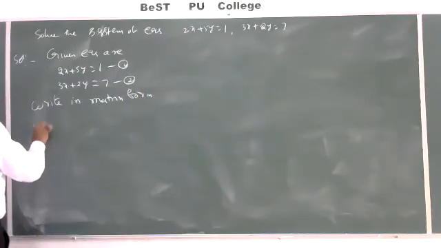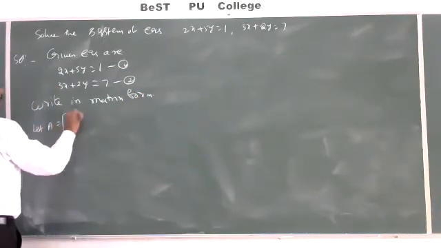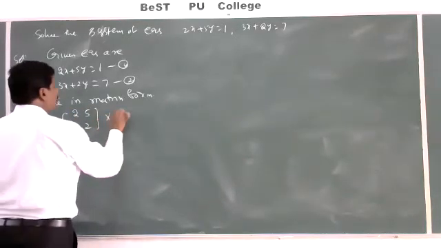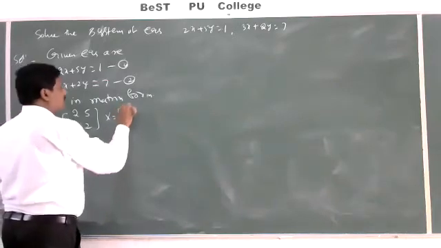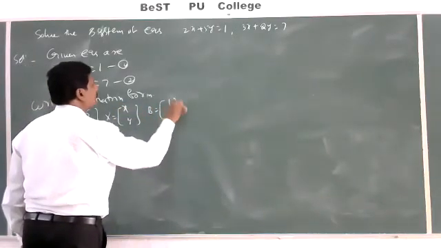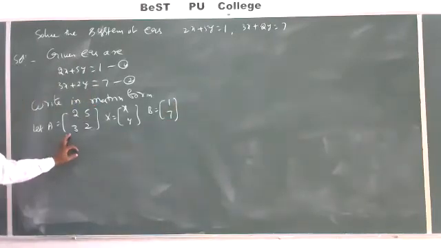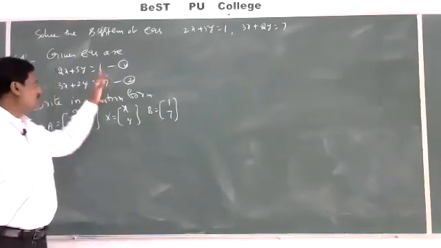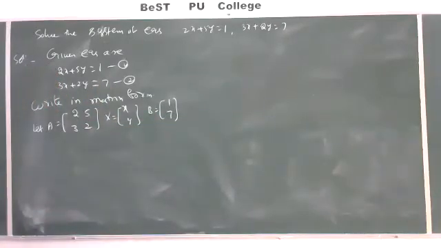Let A equal to coefficients 2, 5, 3, 2, X equal to x, y, B equal to 1, 7. Here A is the coefficient matrix, X is the variable matrix, B is called the constant matrix.